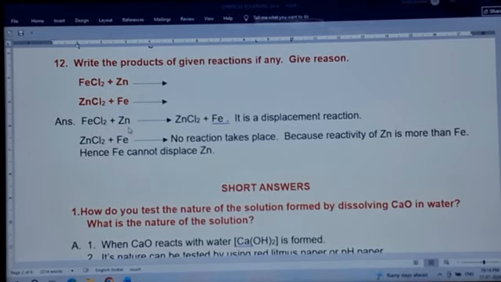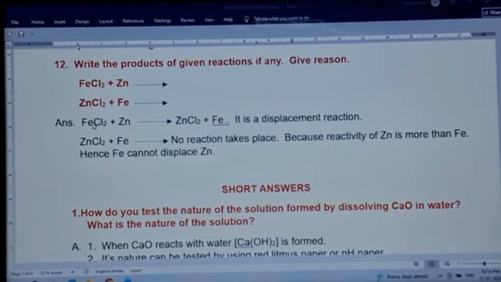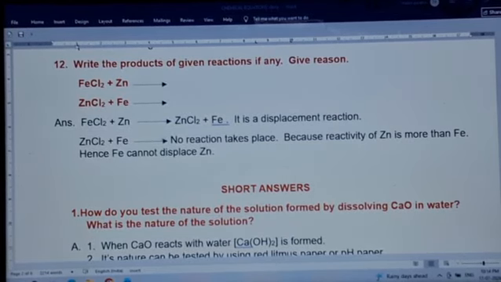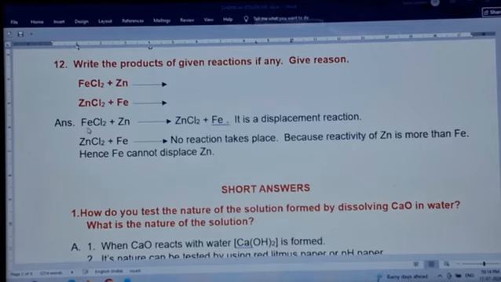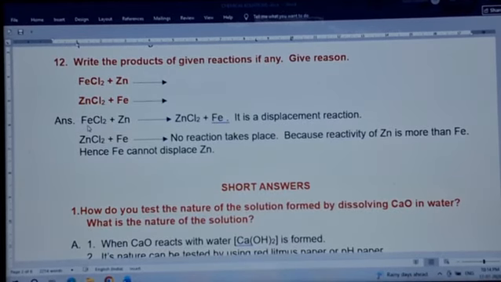FeCl2, when it is reacting with zinc, here see, zinc is replacing iron and you are getting zinc chloride with the liberation of iron. So in this case, zinc is displacing iron. It is removing iron and going and sitting in its place.